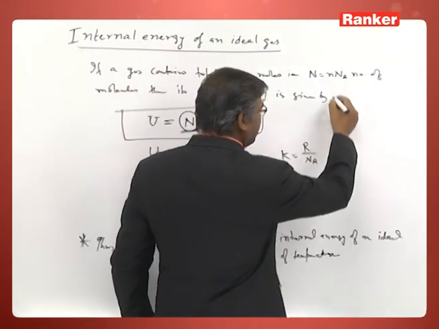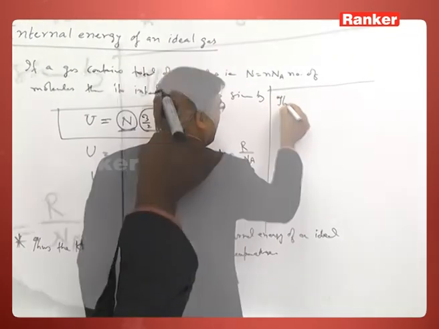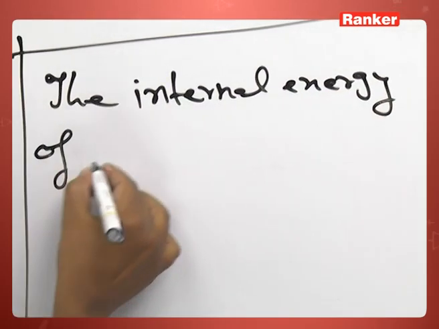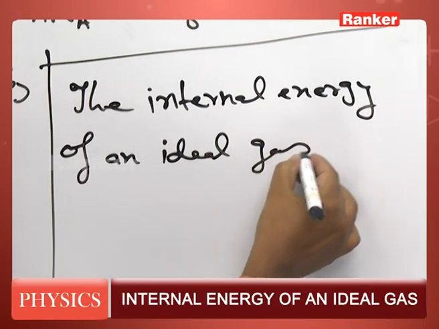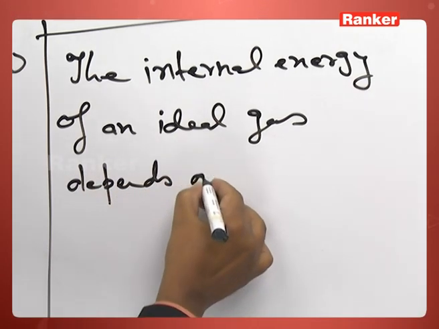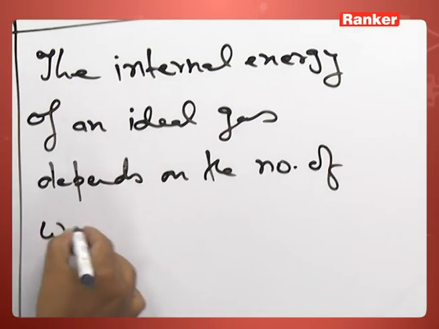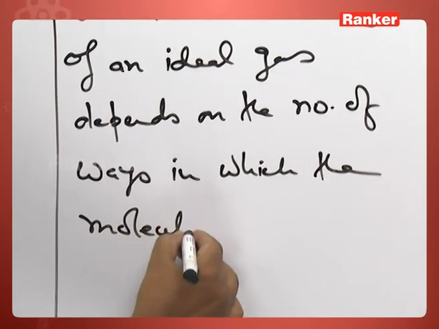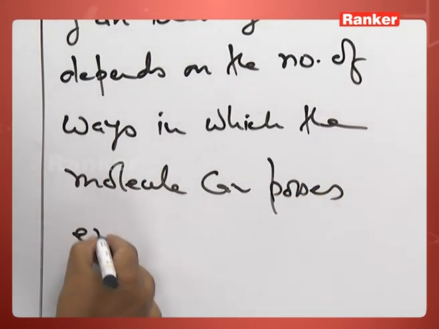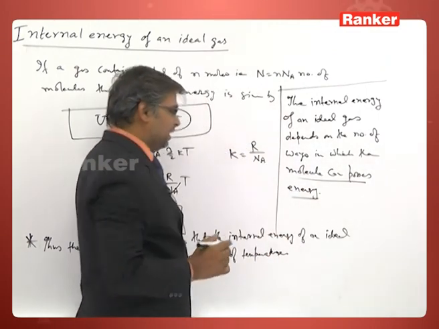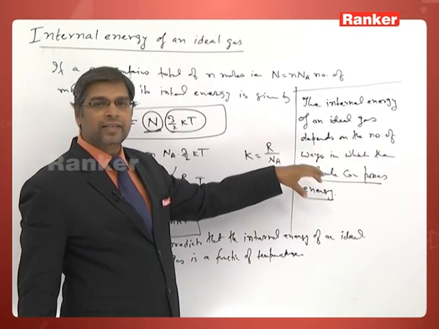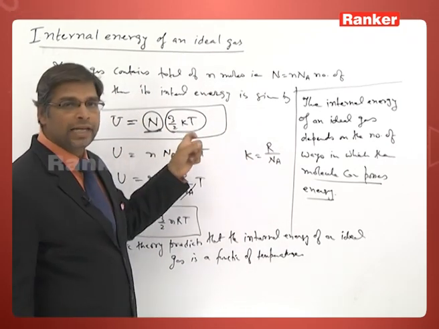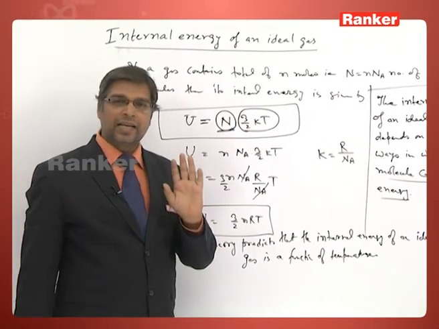So, the internal energy of an ideal gas depends on the number of ways in which the molecule can possess energy. This will be decided by what we call the degrees of freedom of a gas, that is the number of ways in which we are going to store energy in the molecule. So, this factor into N will give the internal energy of a gas.